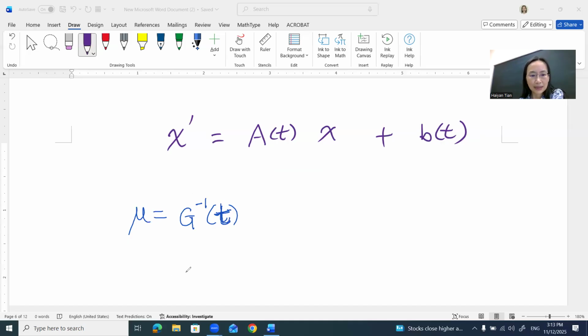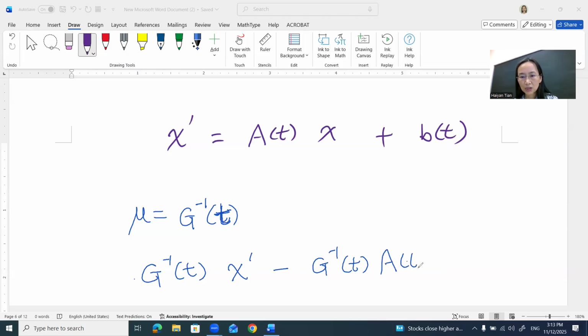What we can get is a new system. So G inverse of t times the left side, equals G inverse of t times b of t.